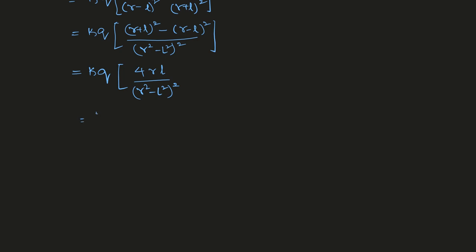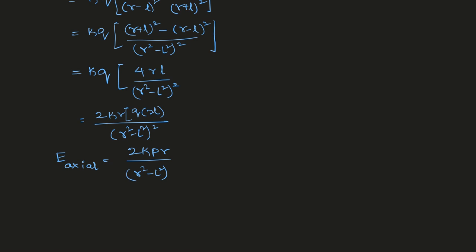From this I can write the same equation as 2K into Q into 2L into R by (R square minus L square) whole square. And just now we defined dipole moment, so the electric field at an axial point will be equal to 2kpr by (R square minus L square) whole square, and we got this as a positive value.